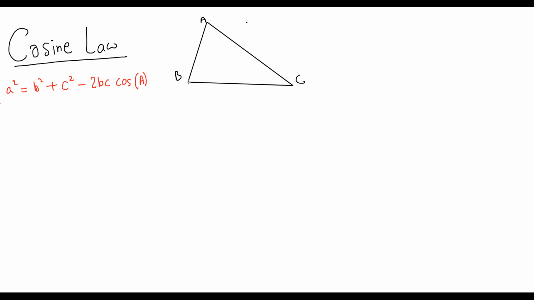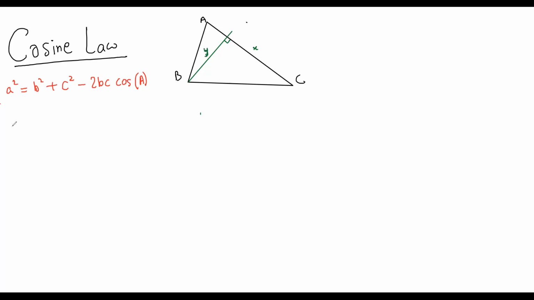So let's say I want cos A to be in the picture. So let's say I drop the perpendicular like this. Right? So let's say that this is X and this is Y.